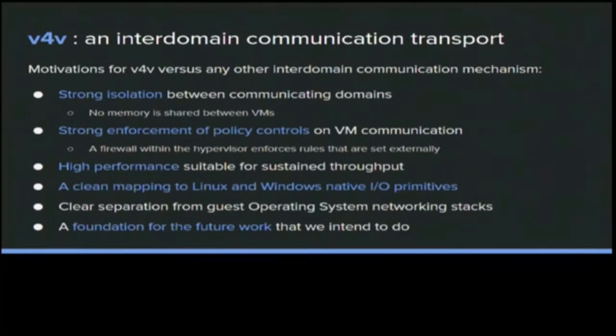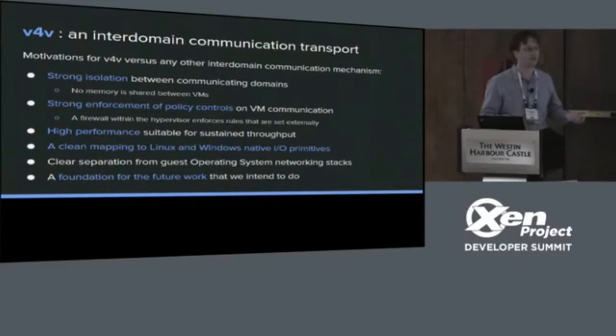It also allows us to put a firewall within the hypervisor that enforces rules on which VMs can talk to which VMs. The rules can be set by a third-party domain that's neither party to the communication, and the rules get enforced by the hypervisor. The performance of V4V is good enough that it supports sustained throughput for use cases where we need it.